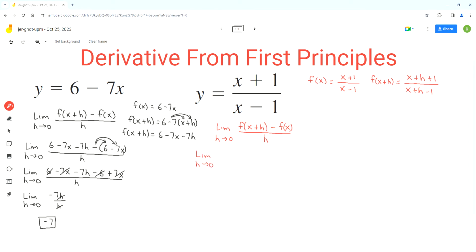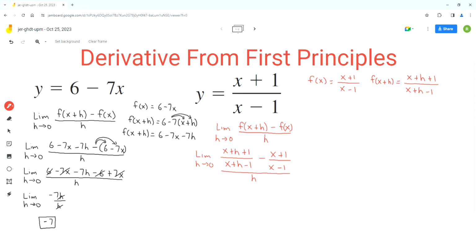So we get limit h approaches 0. So x plus h plus 1 over x plus h minus 1, then minus f at x, which is x plus 1 over x minus 1, over the whole thing h.